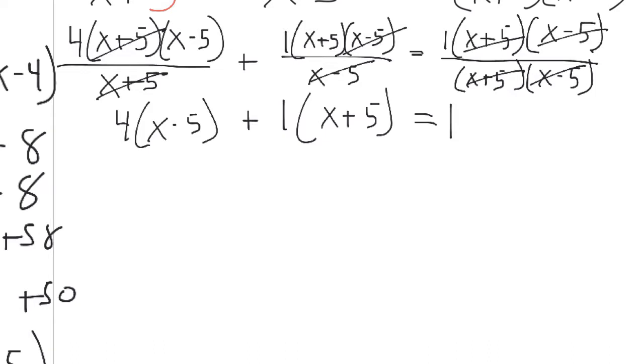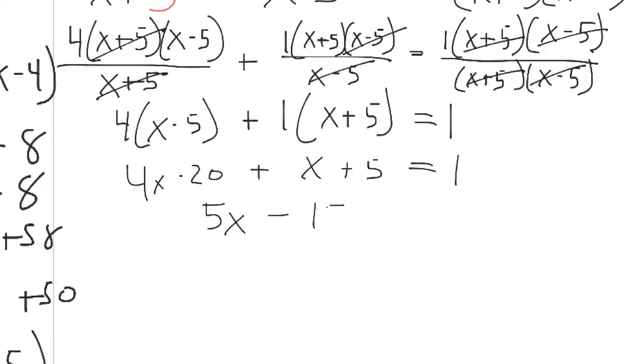Distributing, we get 4x minus 20 plus 1x plus 5 is equal to 1. Combining the like terms, we get 5x minus 15 is equal to 1. 5x is equal to 16, and x is equal to 16 over 5.